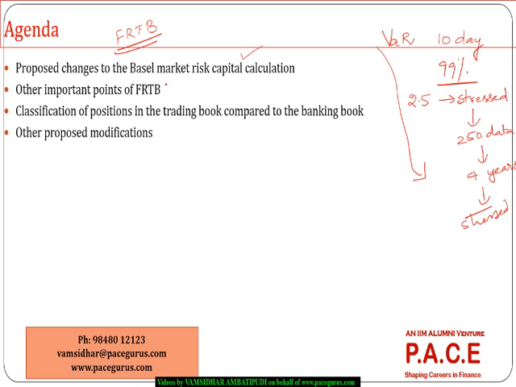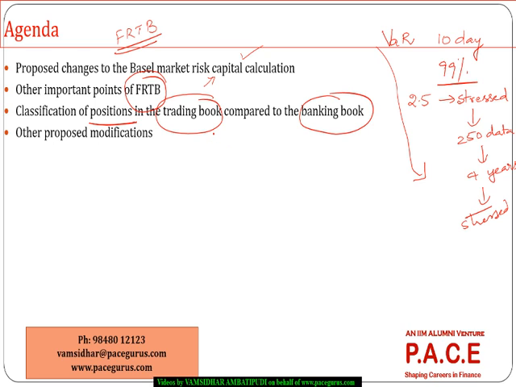Then a few important points which are more related to the same concept. We look at the other important points included as a part of the FRTB. Then, what did FRTB propose with respect to which instrument or transaction needs to go into the trading book and which one needs to go into the banking book?